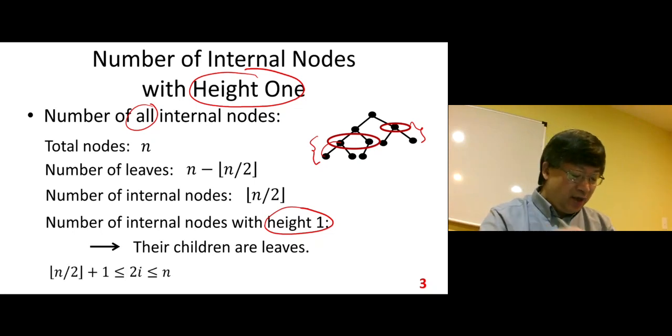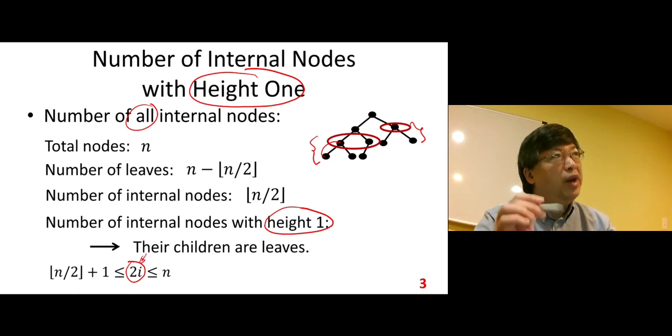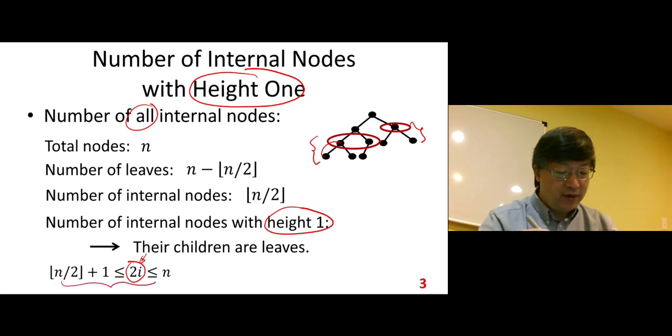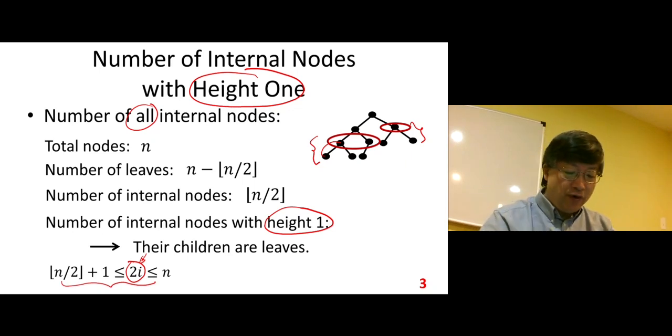Let's use this formula, 2i, the left child expression. This position must correspond to a leaf position. That means this position should be in this range. So that's the expression for these internal nodes.